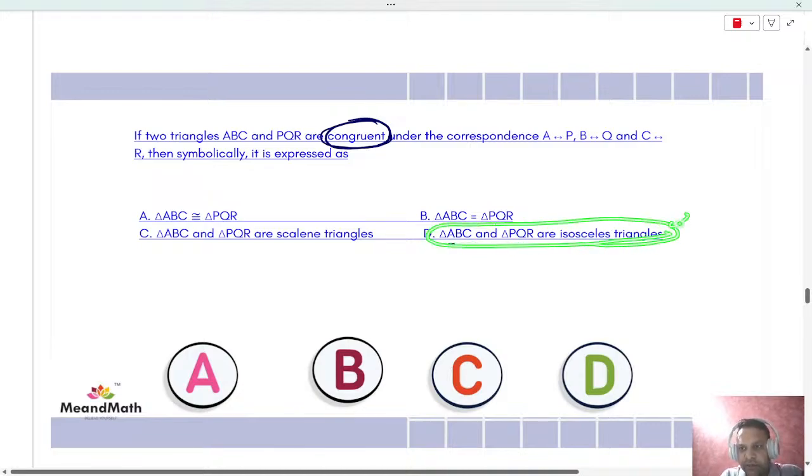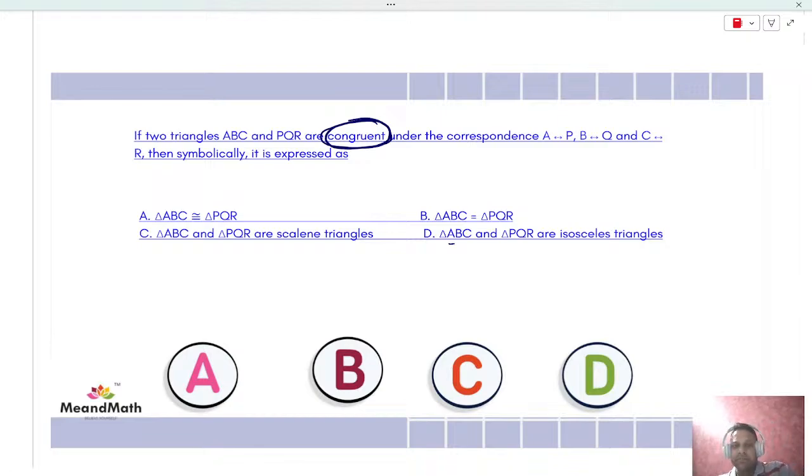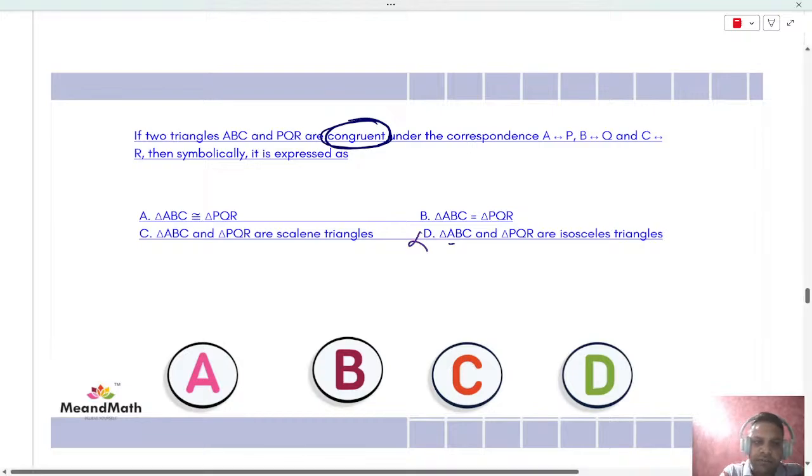No, not isosceles. Option wrong. Scalene triangle, this is also not necessary. If both triangles are congruent, they may be isosceles, they may be scalene, there is no such compulsion. If the first triangle is scalene, then definitely the second will also be scalene. If the first is isosceles, the second will also be isosceles. If the first is a right angle triangle, the second will also be a right angle triangle. If the first is equilateral, the second will also be equilateral. Why? Because both are congruent. So first and second congruent means first and second both are exactly the same. So C may be correct, it may be, but not always. So D option is wrong, C option is wrong.